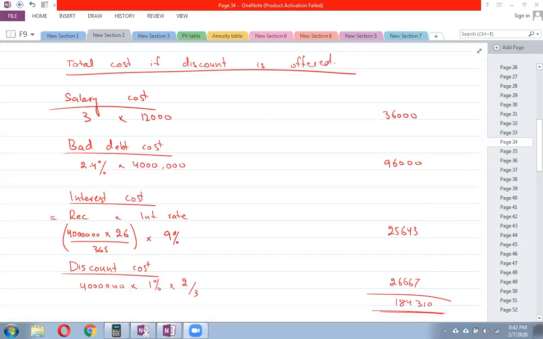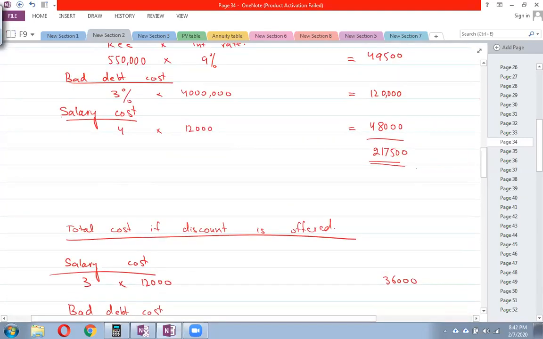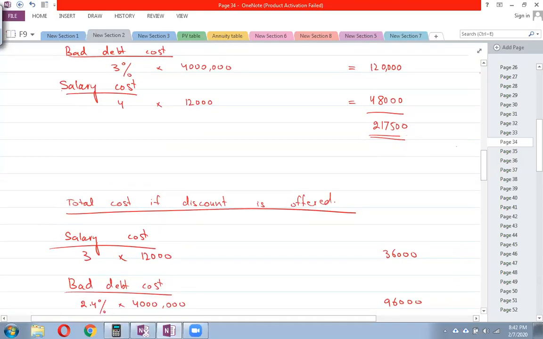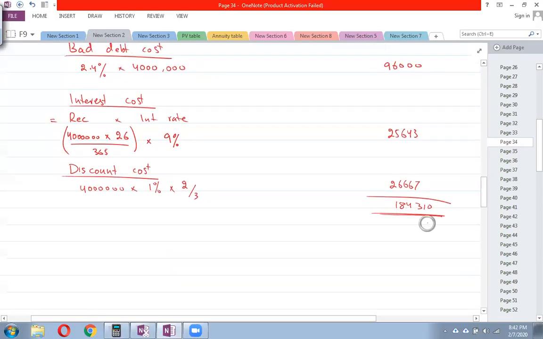Right? So if we offer the discount, our cost will be this much. And if we don't offer the discount, our cost will be this much. So cost has definitely reduced from 217,500 to 184,310, right? So should we offer the discount? Yes, right?